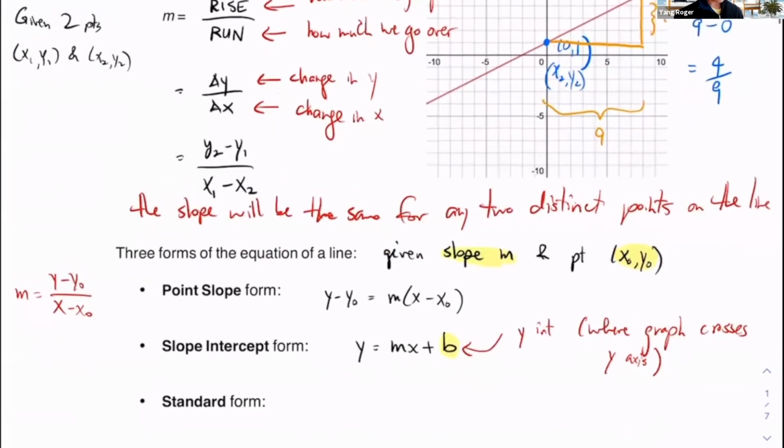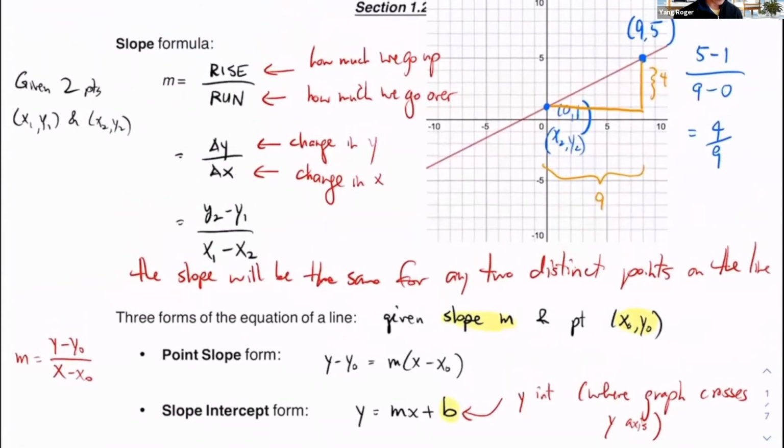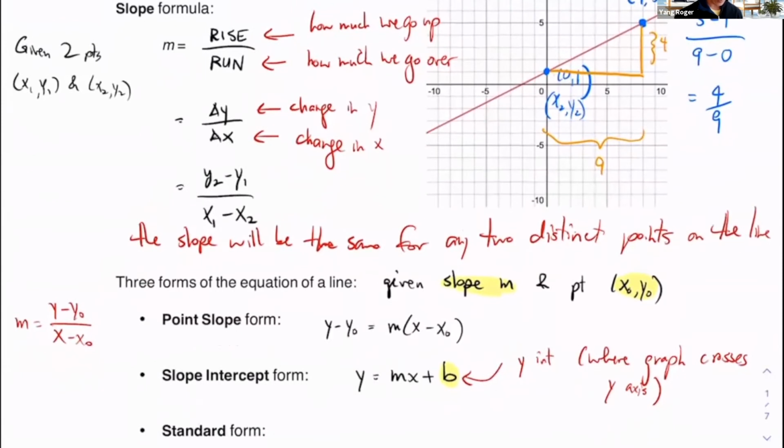So can anyone tell me the equation of the line that we have up above here? Can anyone give me the slope intercept form? Y equals 4/9x plus 1. Exactly. How did you know that the y-intercept was 1? That's where the line crosses the y-axis.